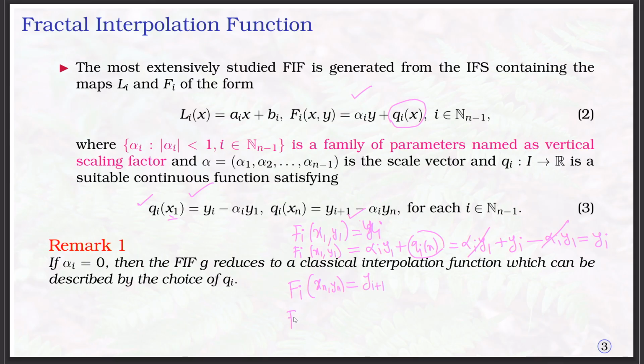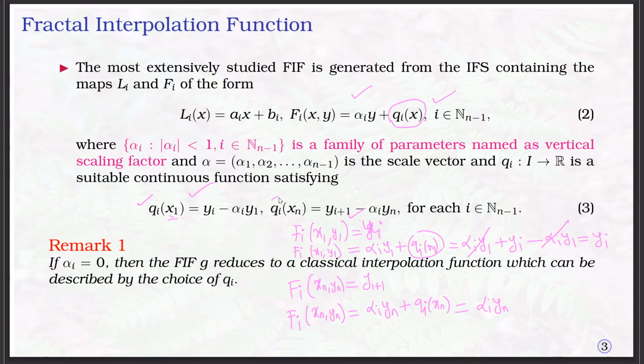In a similar way, if you take F_i of x_N and y_N from this form, then one gets alpha_i y_N plus q_i(x_N), which is equal to alpha_i y_N.